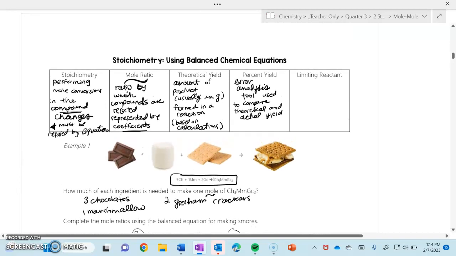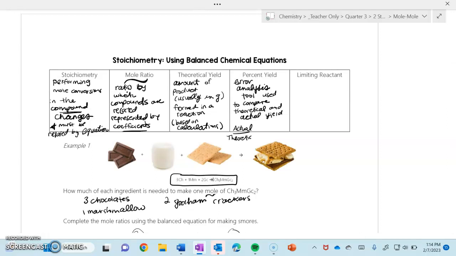And so my actual is the part, and theoretical is my whole, times 100. So my percent yield for the example I just gave would be 3 over 4, 75% yield of my s'mores. If I could make all 4, then I'd have 100% yield.